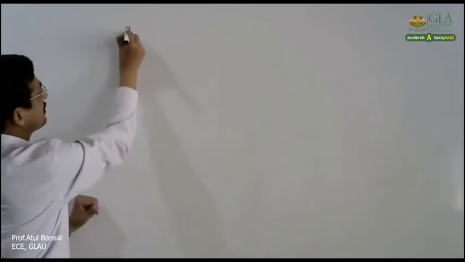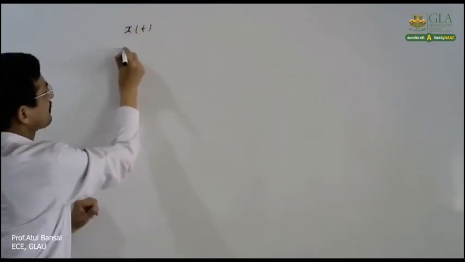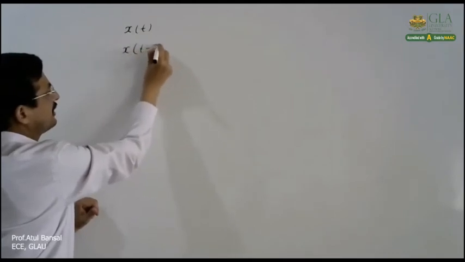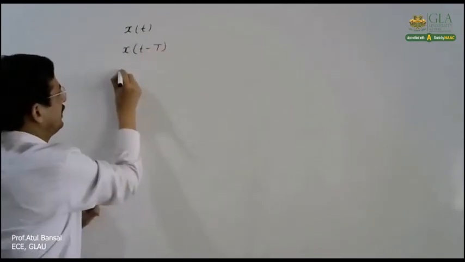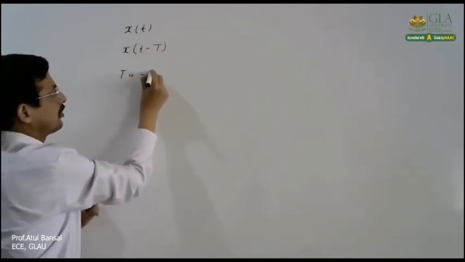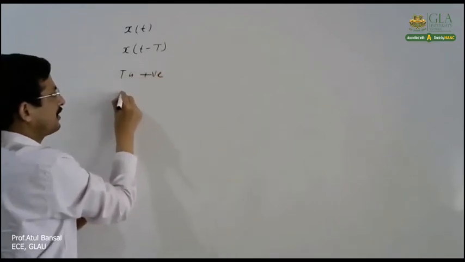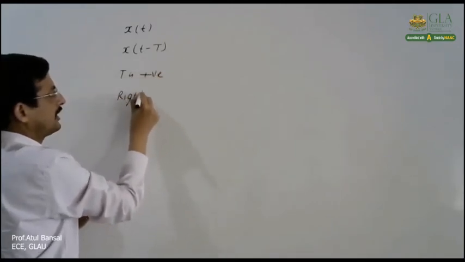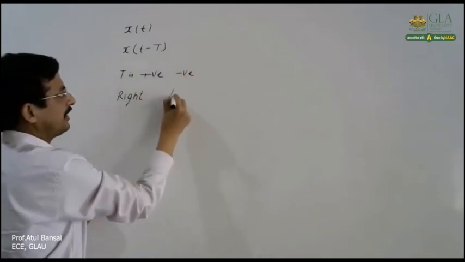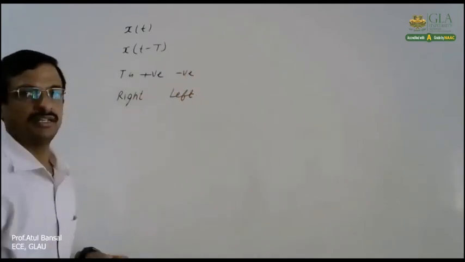All right. So we were discussing the time shifting property. We discussed that if there is any signal x(t) and there is a shift by T units, then if T is positive it gets shifted towards the right hand side, and if negative it shifts towards the left hand side.